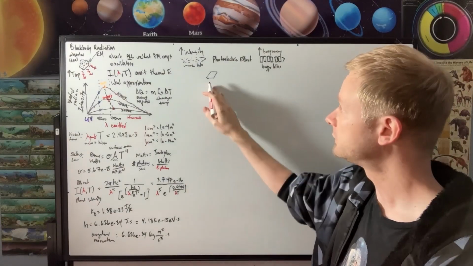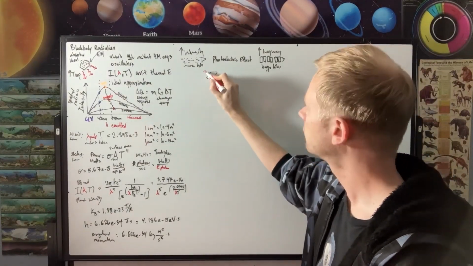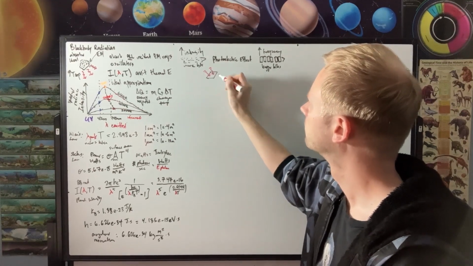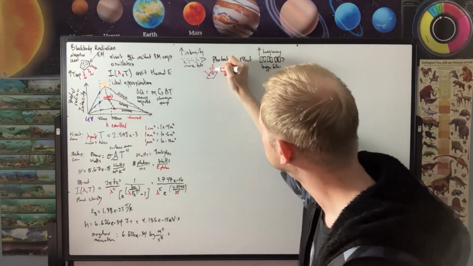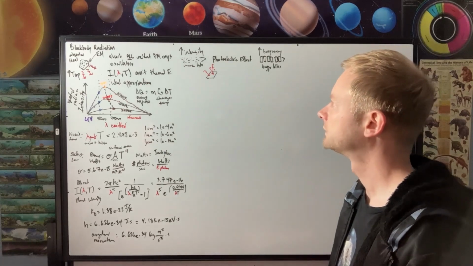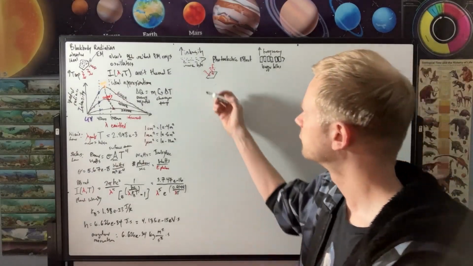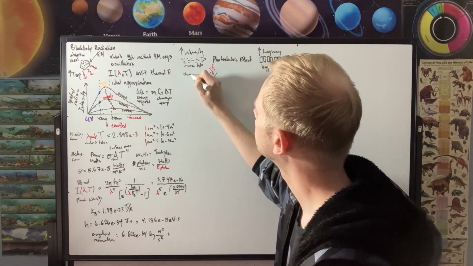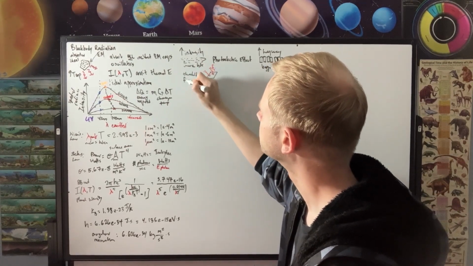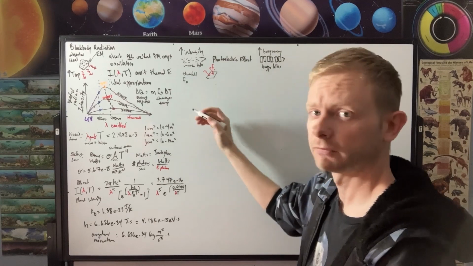So let's say we have a little surface here, a metal, and we're going to thwack it with the frequencies here. These are incident frequencies from electromagnetic light waves. Now it turns out that there's a certain threshold frequency that we need to overcome.